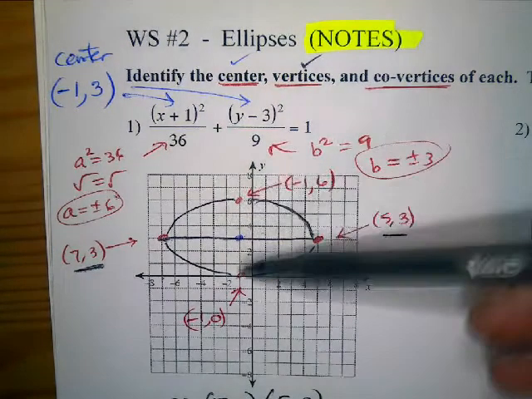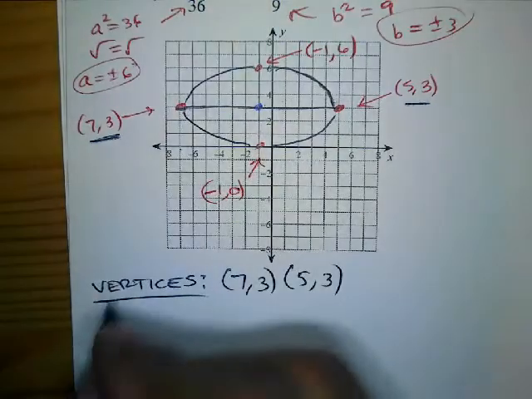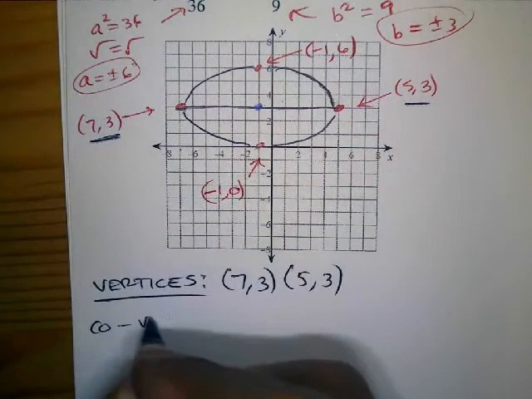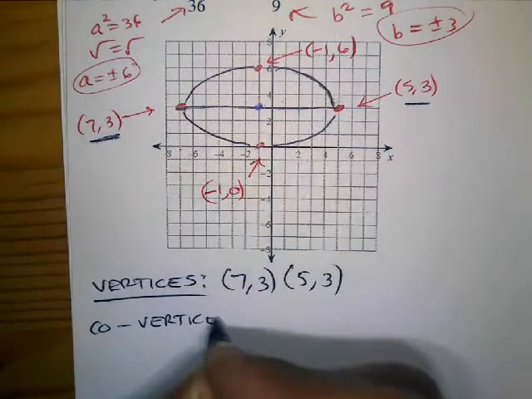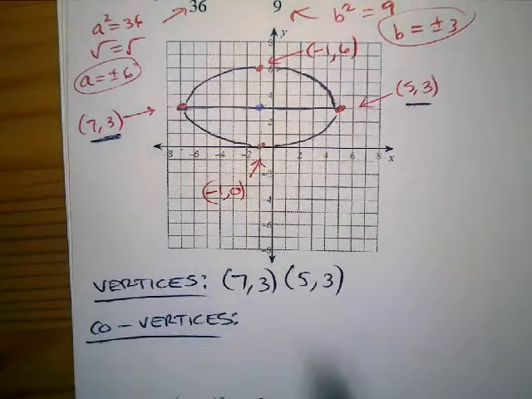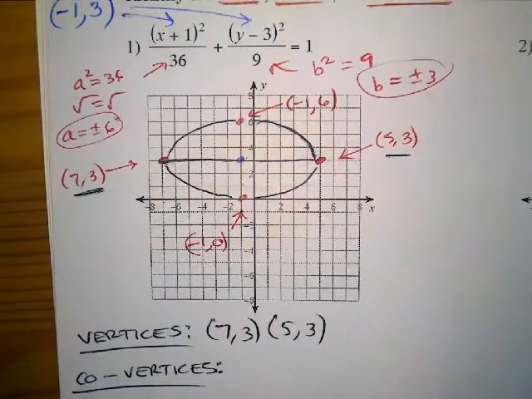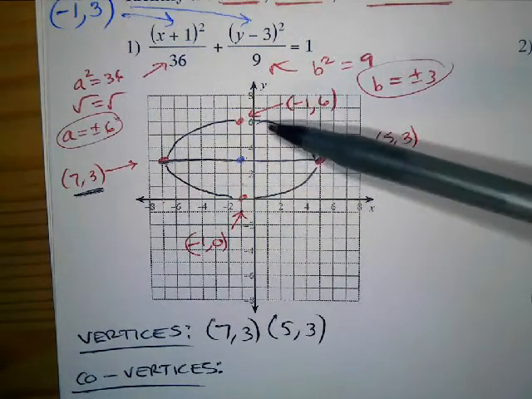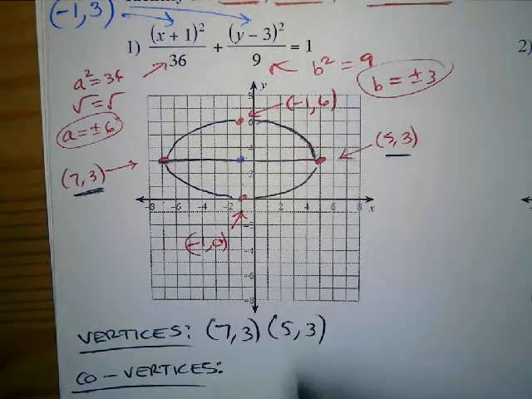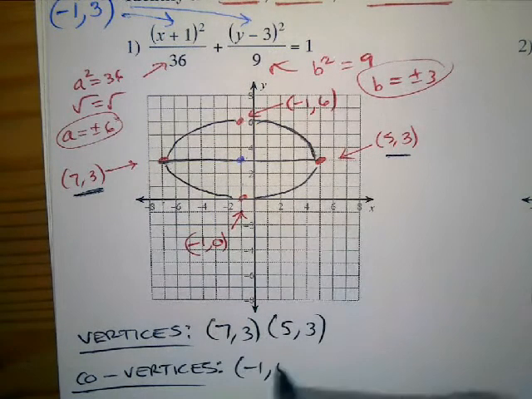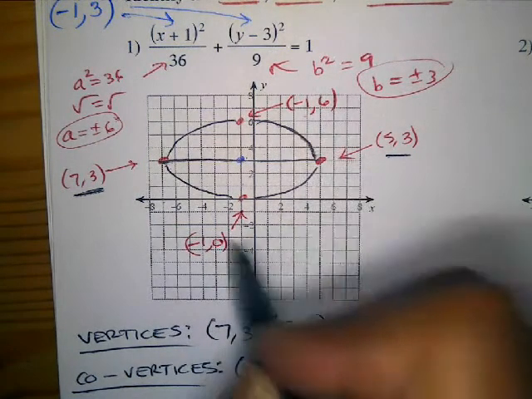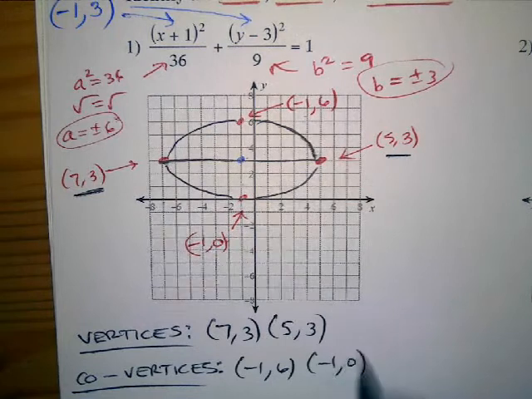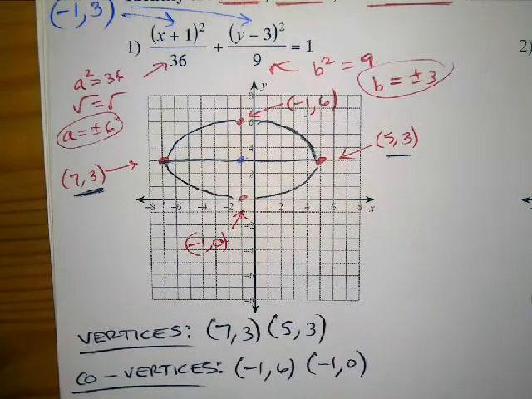The co-vertices are the other two, the ones that are on the minor axis. You already have the answers for that, so make sure that you identify those. That is the -1, 6 and the -1, 0.